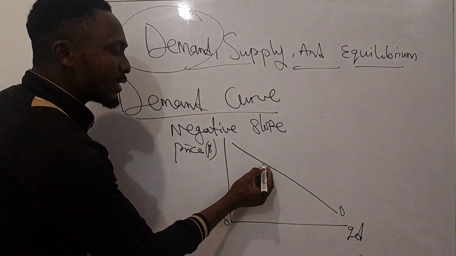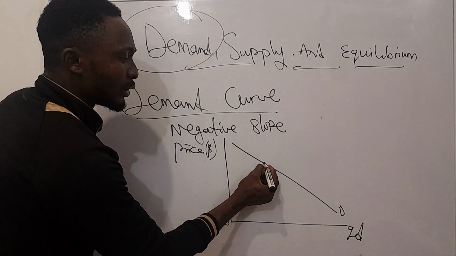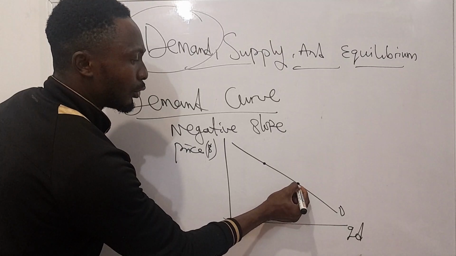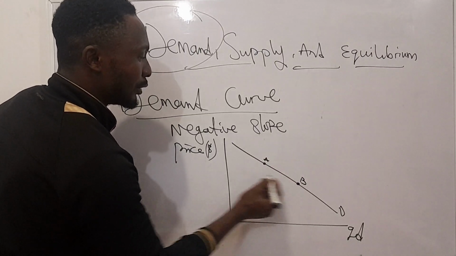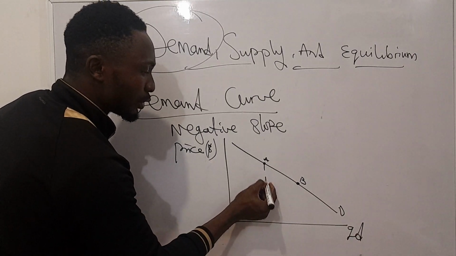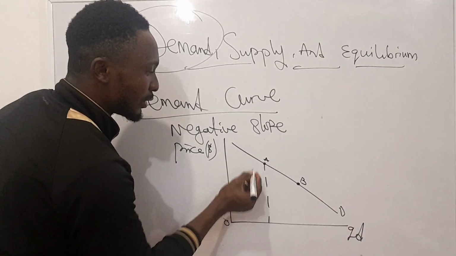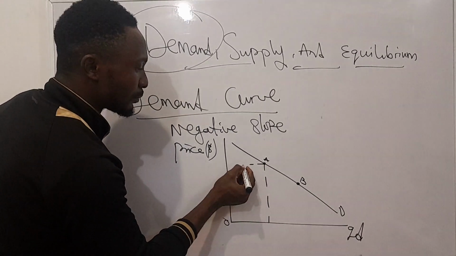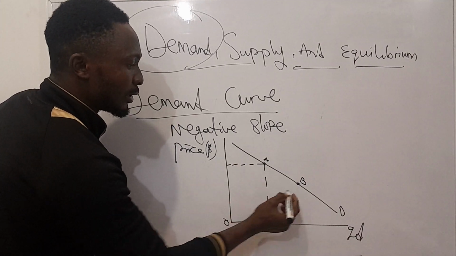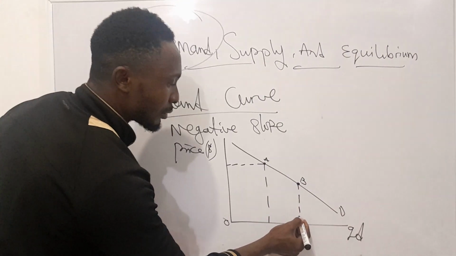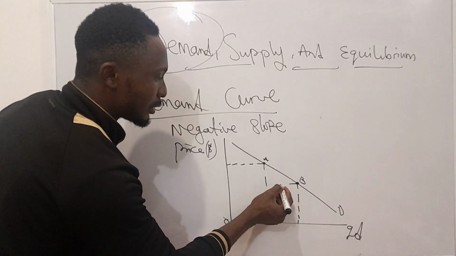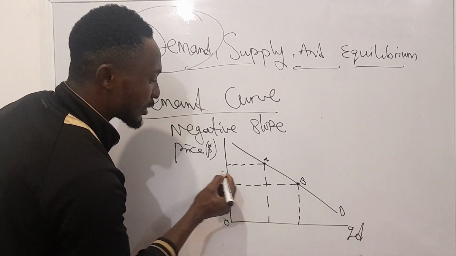So we can easily identify any coordinate here, like points on the curve, and target point A and point B. We can trace the coordinates to the quantity axis and to the price axis, and do the same for the other points and trace it here to the price axis.